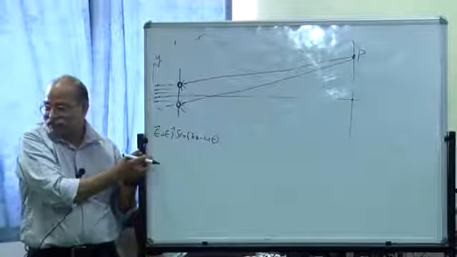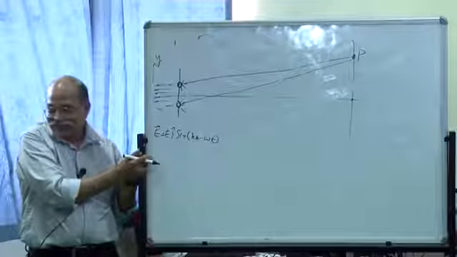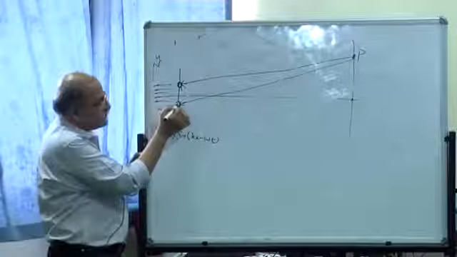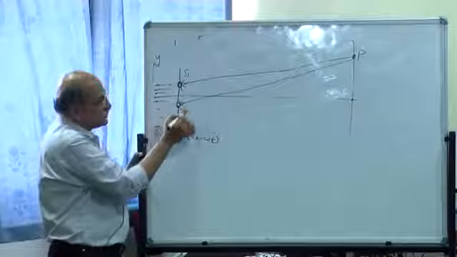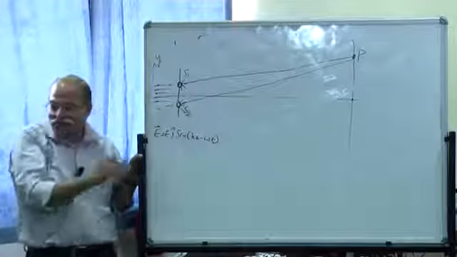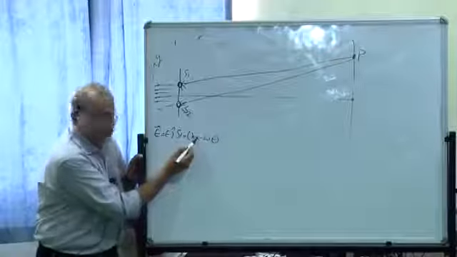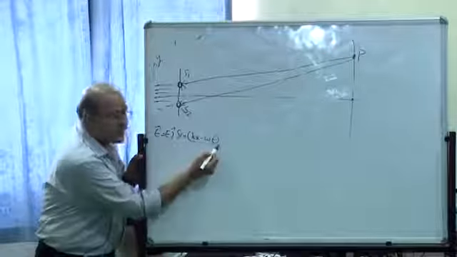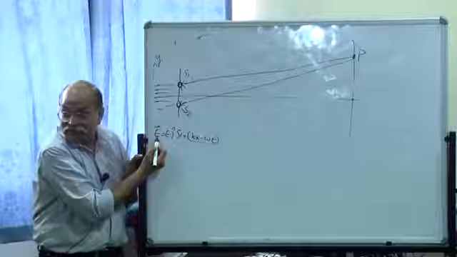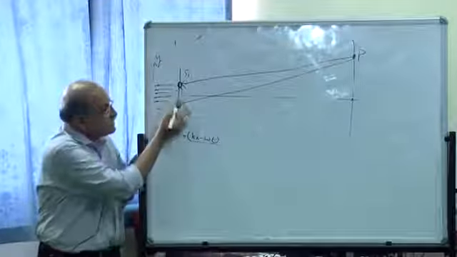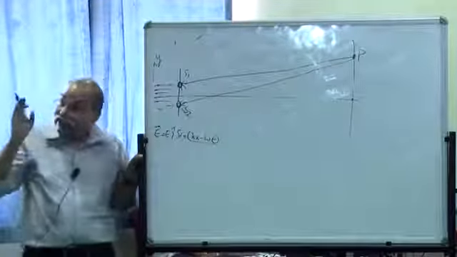It changes only with x, correct. So from this slit S1 to S2, I am moving only in the y direction, not in the x direction. So at a given time and a given x, this angle is the same, and therefore this E is the same. So here and here the electric field is the same at a given instant.